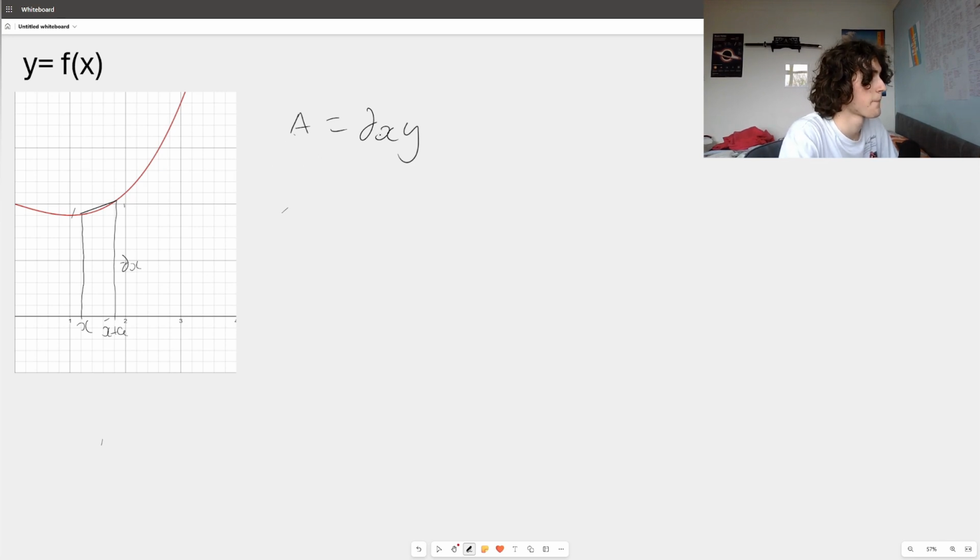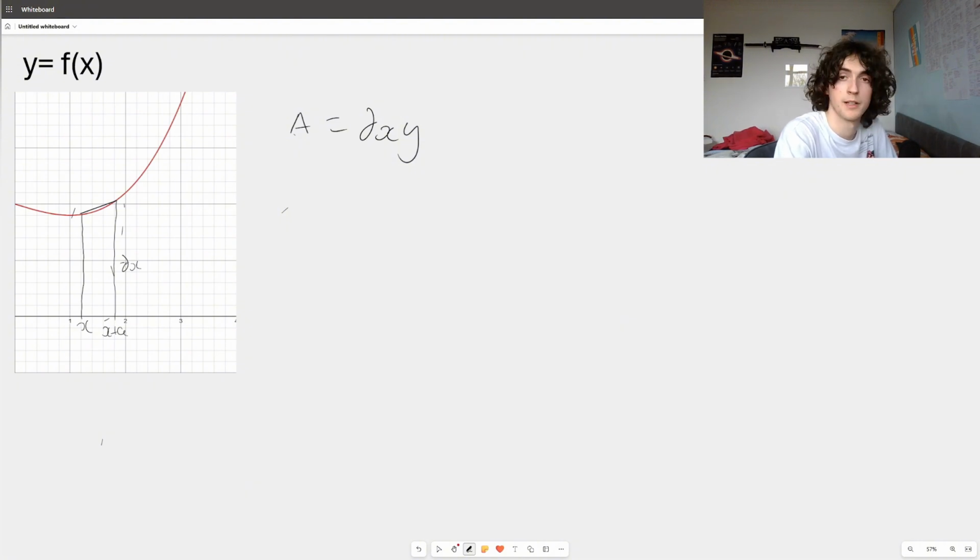To do that, we're going to make delta x as small as possible, such that delta x is just a line. So where delta x approaches 0, therefore that is a limit. So the area of this little bit here is a limit. But that is the same as an integral. That's the same as just calculating an integral at one point on a graph.